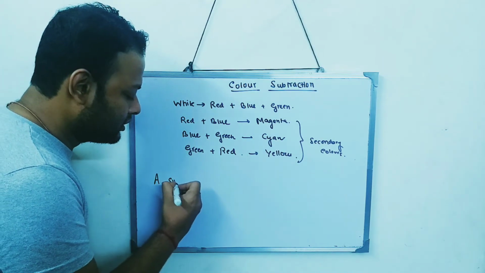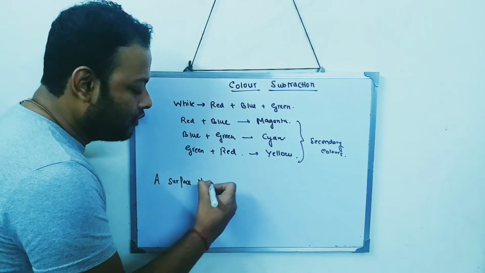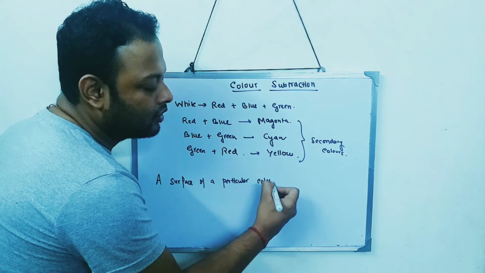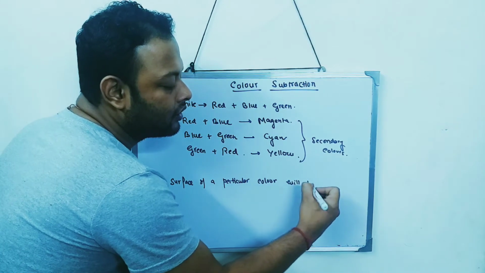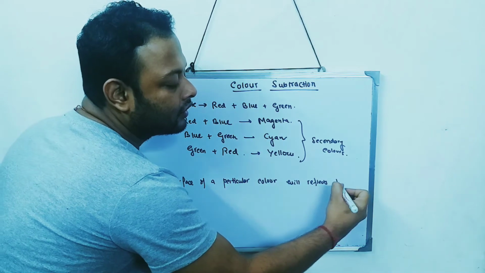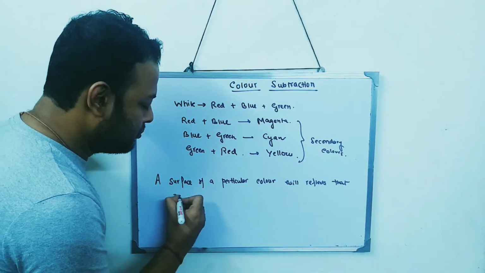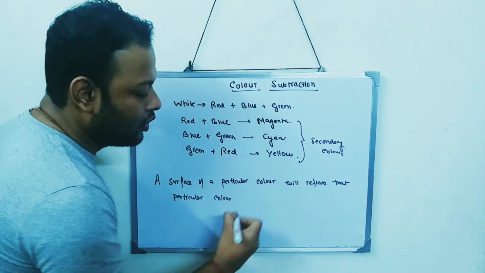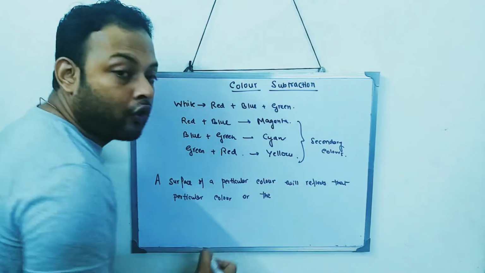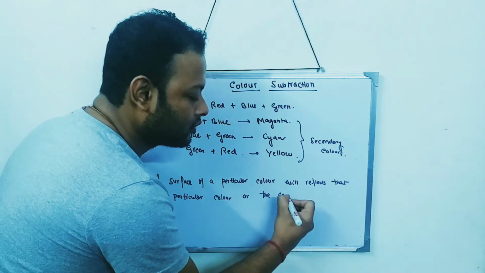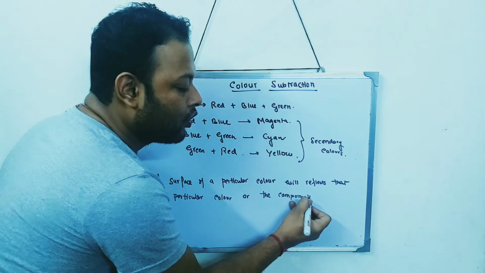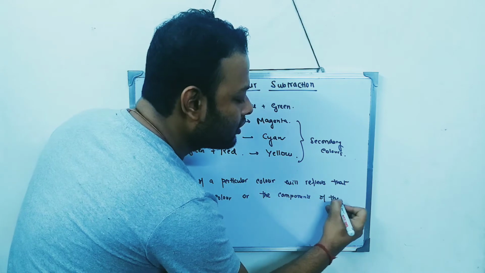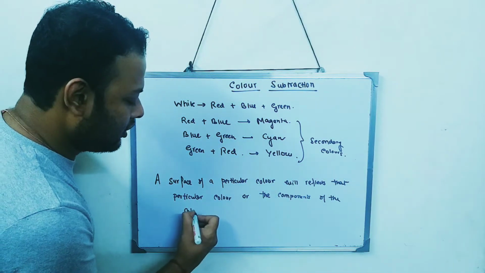A surface of a particular color will reflect that particular color or the components of the color.